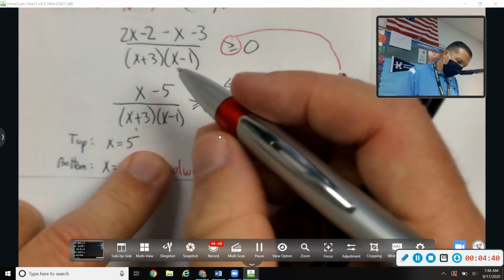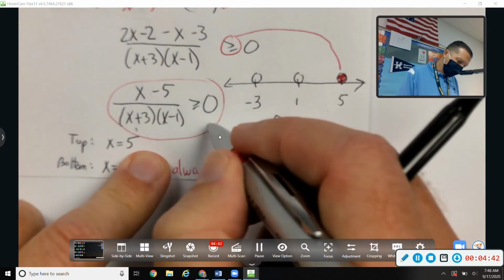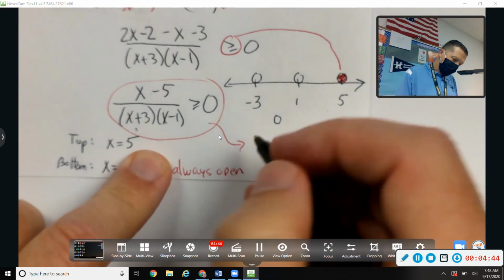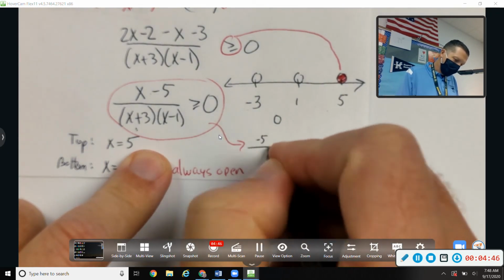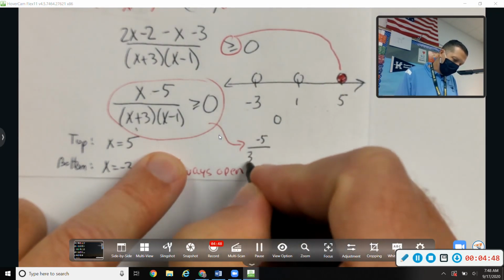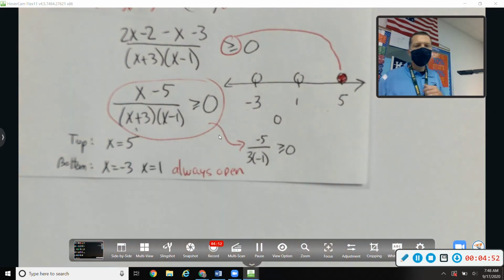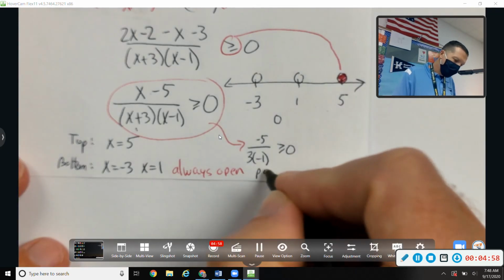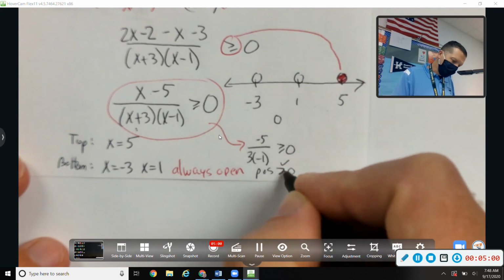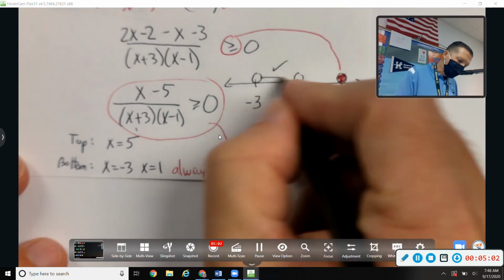So testing 0, I'm going to test it into this one. I get negative 5 over 3 times negative 1, and I want to see if that's bigger than 0. Well, negative over negative is positive. Positive number is bigger than 0, that's true. So I will shade that interval.